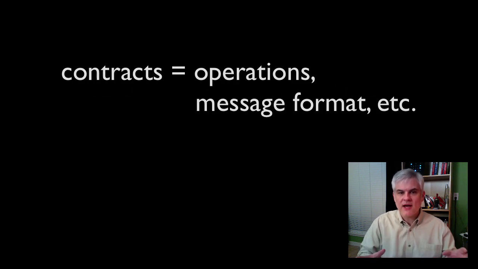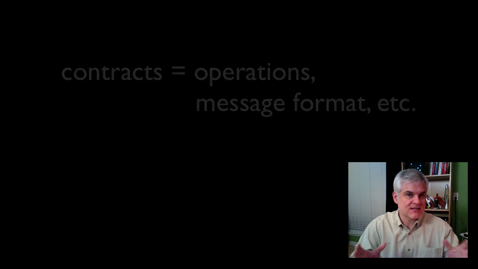Services also have well-defined contracts, which means that it defines somewhere what operations they support, the message format, including the input parameters and the output values, as well as what message encoding, so how will the messages be bundled together in XML, what format will they be in, and maybe other security related details as well.